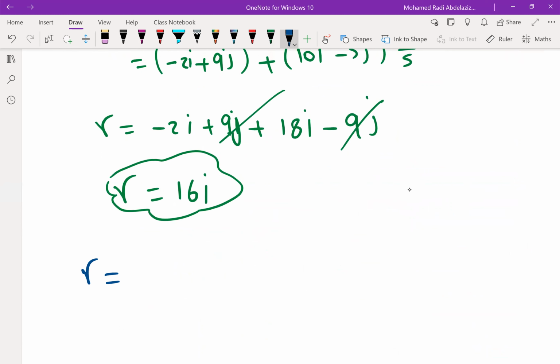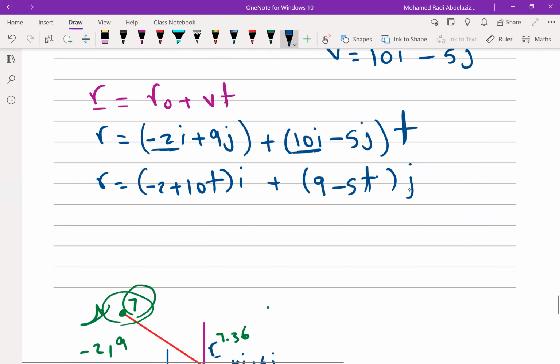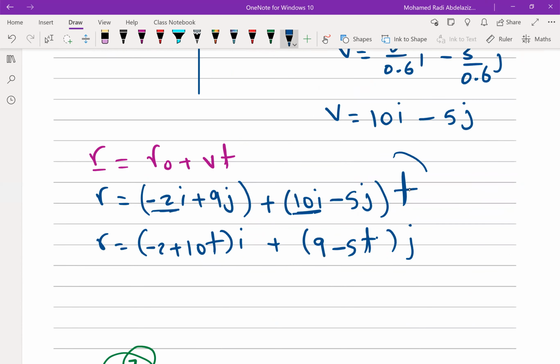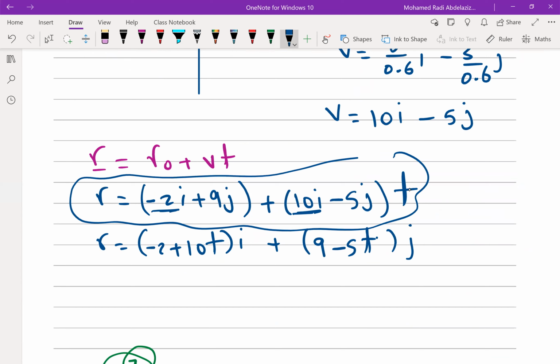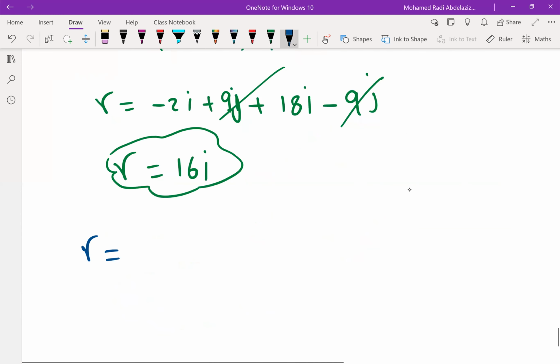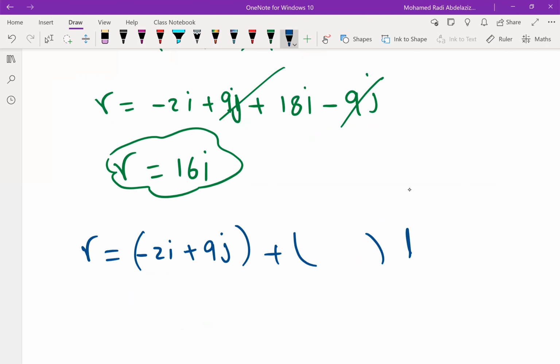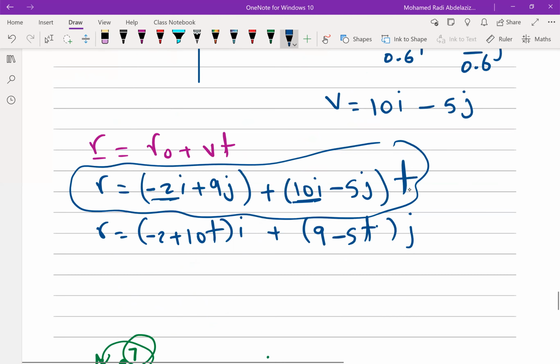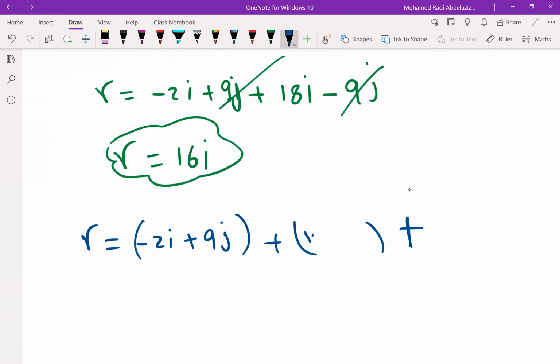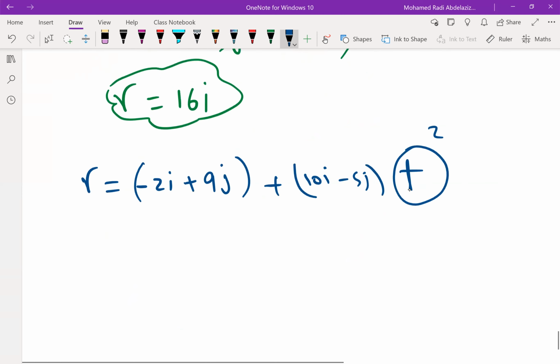So R is equal to, same, we already have it in terms of i and t, -2i plus 9j plus t times the velocity, 10i and minus 5j, but the time now will be 9 from 7, to be 2 hours.